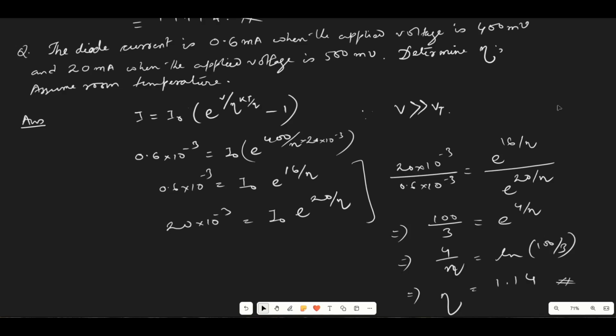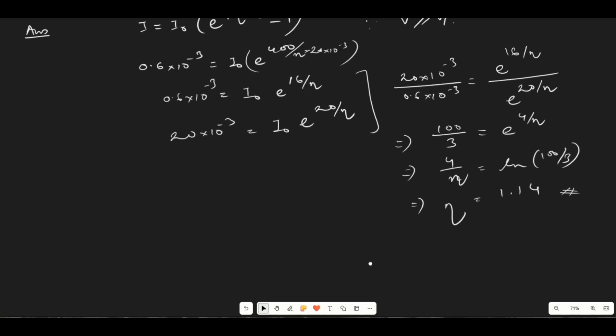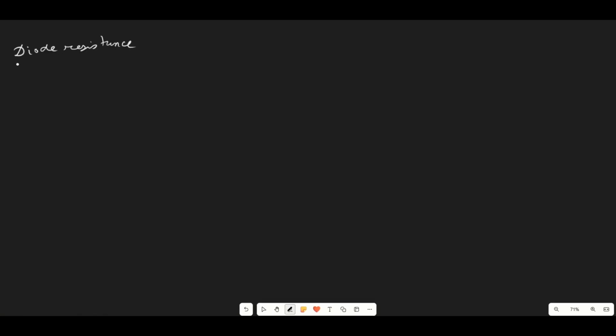Okay, so now let us move into the next topic, which is diode resistance. As we know, in forward bias and reverse bias, the diode operates differently. In forward bias, we have current in the milliampere range, and in case of reverse bias, we have current in the microampere range.